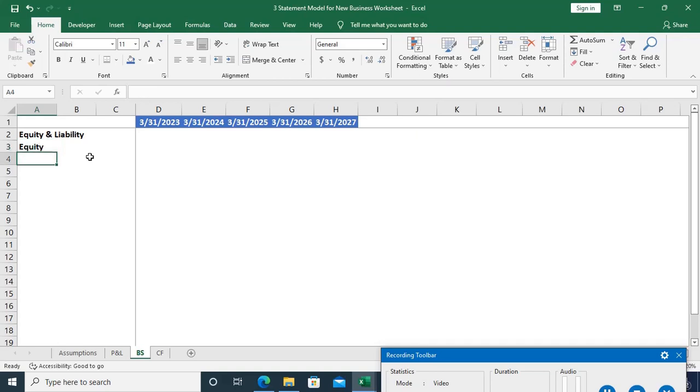Under the equity head there will be equity share capital, securities premium. So we can put these things now in place.